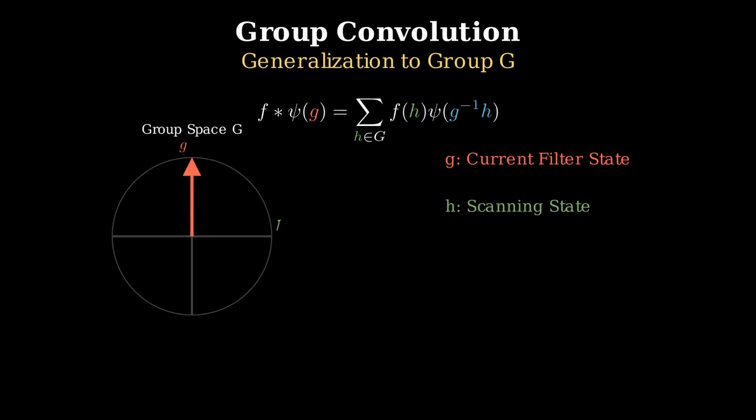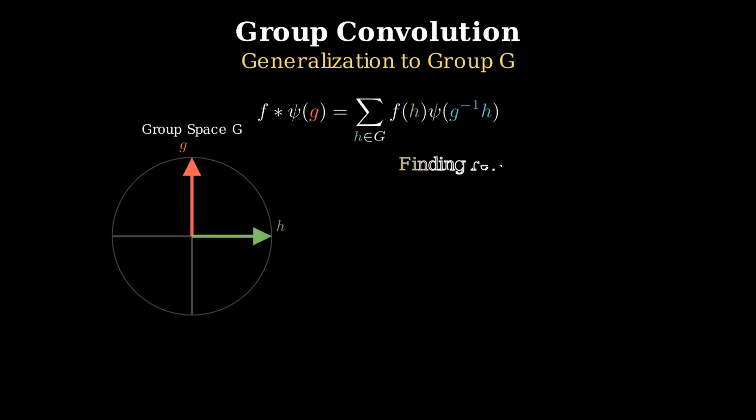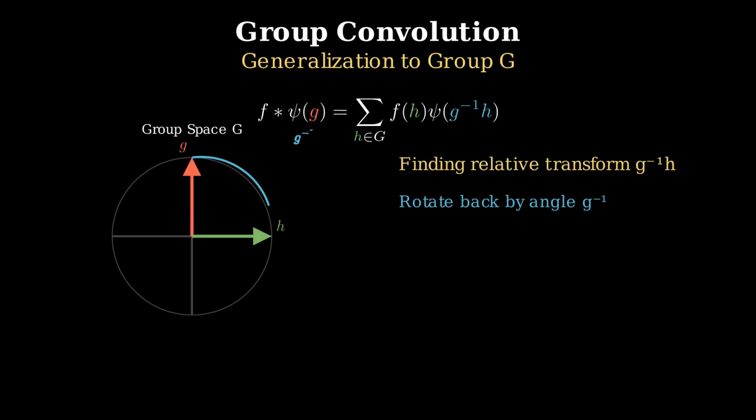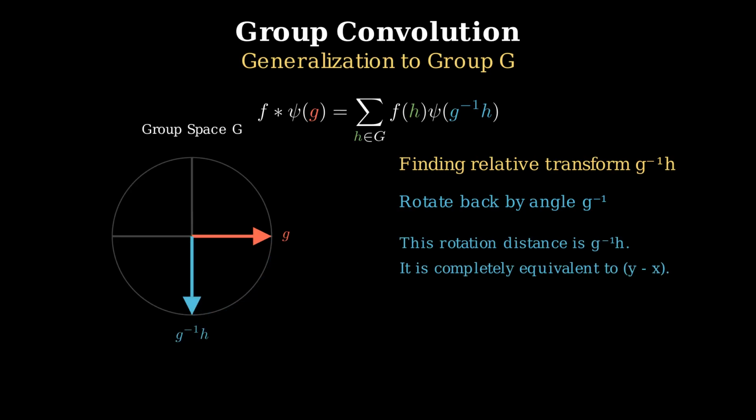And H represents the state we are currently scanning. To find the relative distance, analogous to vector subtraction, we must mathematically rewind the space by applying the inverse of G. Watch as we rotate the entire system back by G inverse. The new relative position is G inverse H, perfectly mirroring our 2D vector subtraction in the group space.